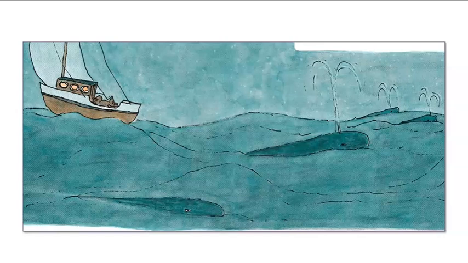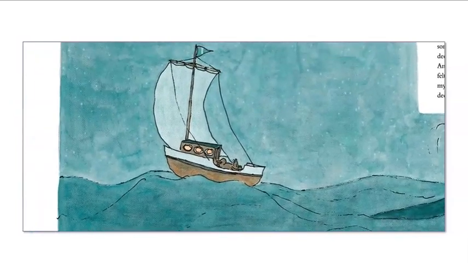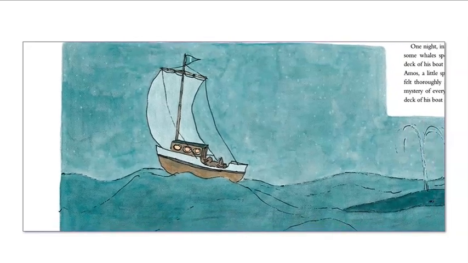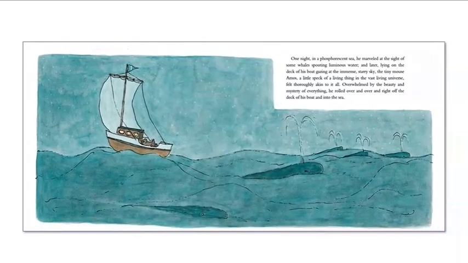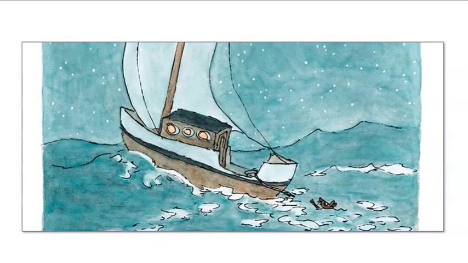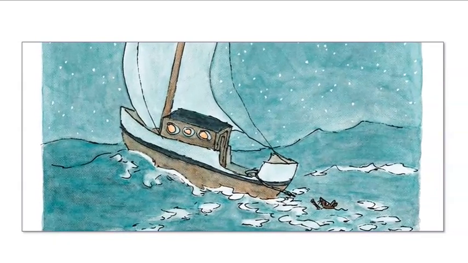And later, lying on the deck of his boat, gazing at the immense starry sky, overwhelmed by the beauty and mystery of everything, he rolled over and right off the deck of the boat and into the sea. Help, he squeaked as he grabbed desperately at the rodent, but it evaded his grasp and went bowling along under full sail, and he never saw it again.